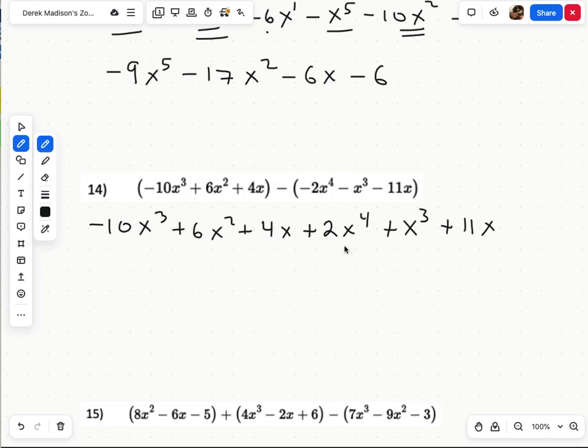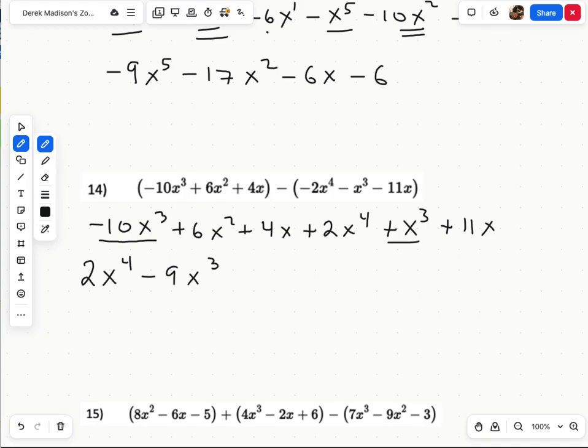So here our highest power is right there. It's that 2x to the fourth. So that's the one we want to lead with to get this in descending order. For our x cubed terms, I'm just going to count down and find all the matching pieces. So I have minus 10 plus 1, so that's going to leave me minus 9x cubed.